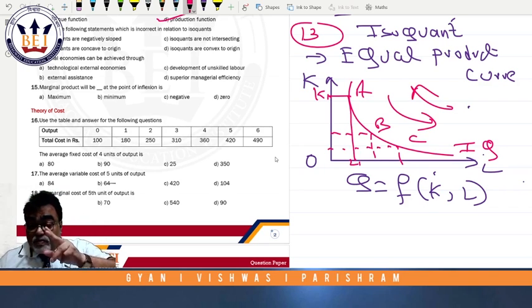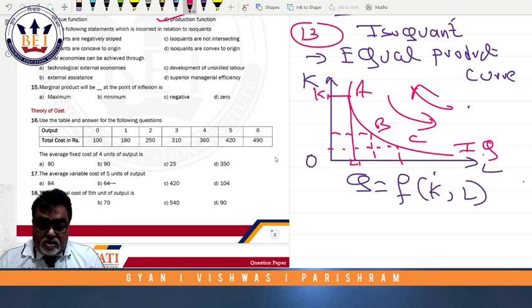But irrespective of that, my total output remains unchanged. That is why it is called equal product curve or isoproduct curve or isoquant.